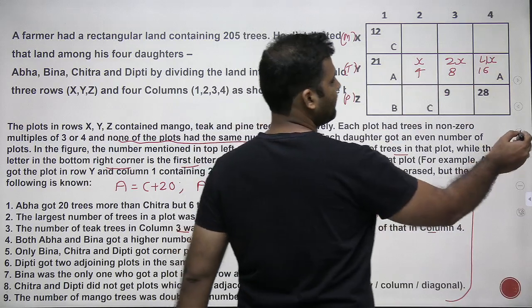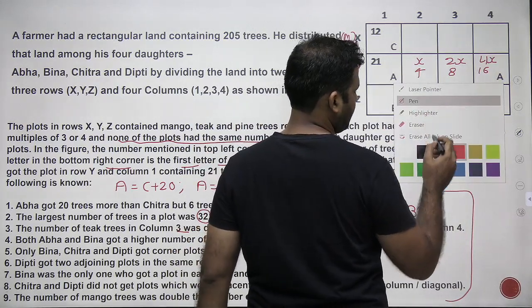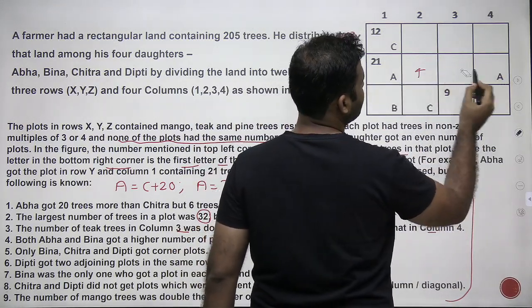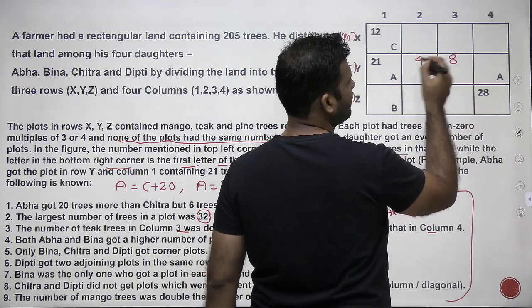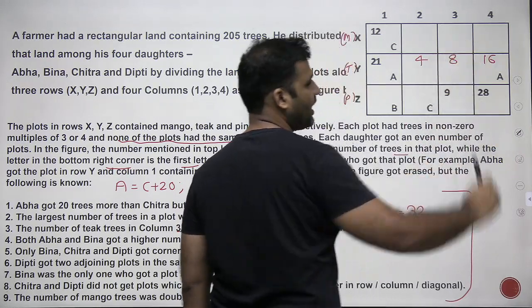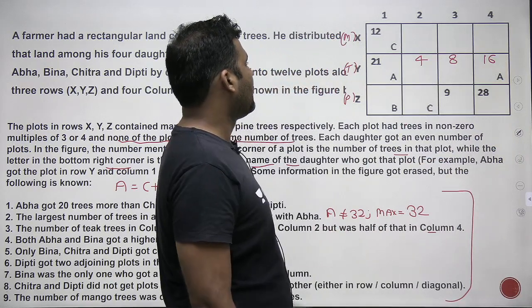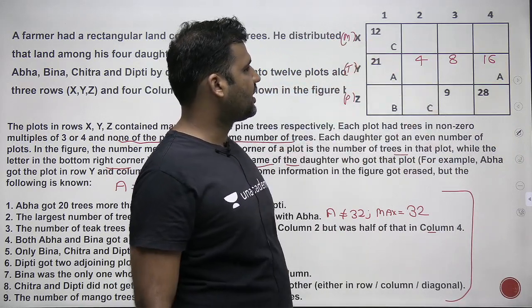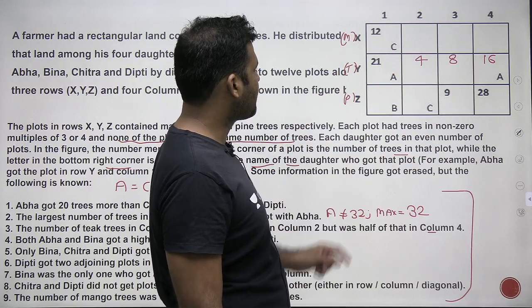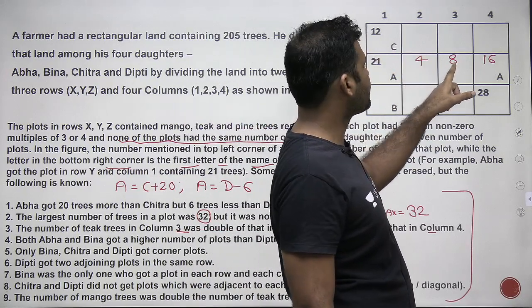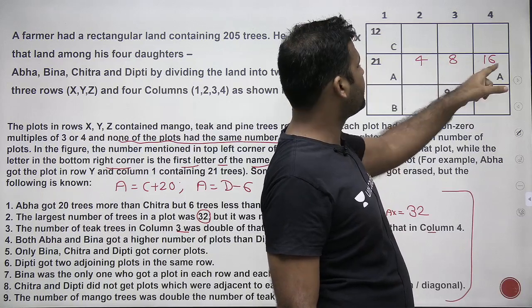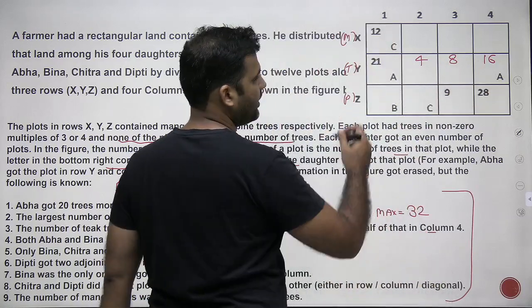So let's use this information now. 4, 8 and 16. That's the number of trees that we got in these plots. This plot will have 4, this plot will have 8, this plot will have 16. Now we get to know how many trees there are in this row. Total number of trees in Y is 21 plus 4, 25, 25 plus 8 would be 33, 33 plus 16 would be 49.